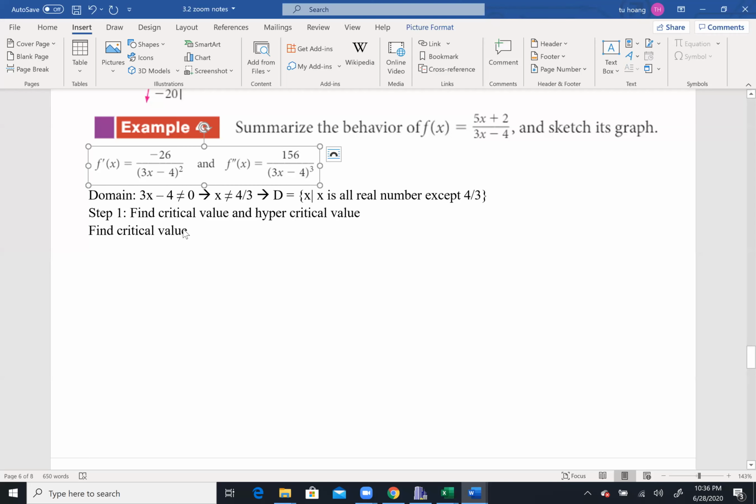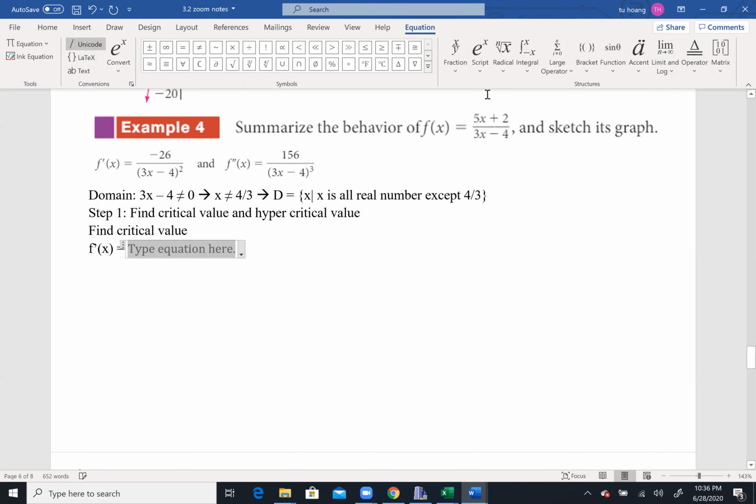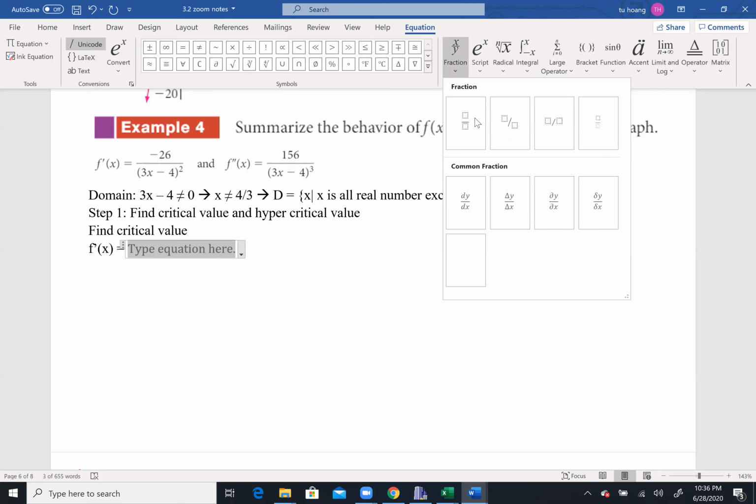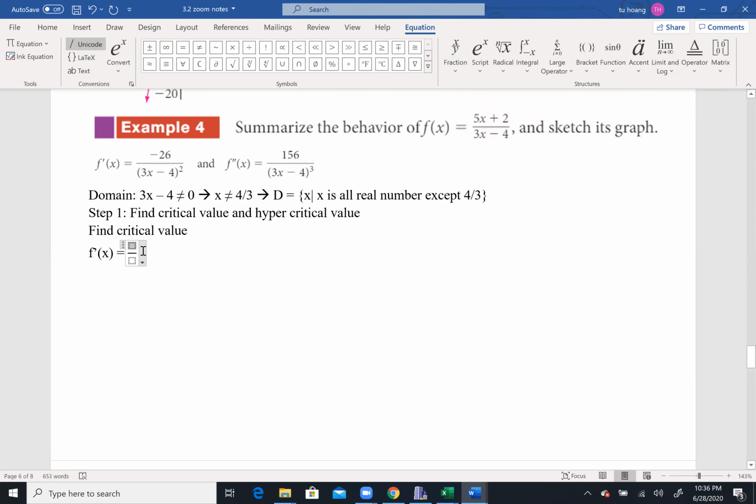I know that the first derivative f'(x) equals, so this would be negative 26 over (3x minus 4) squared.